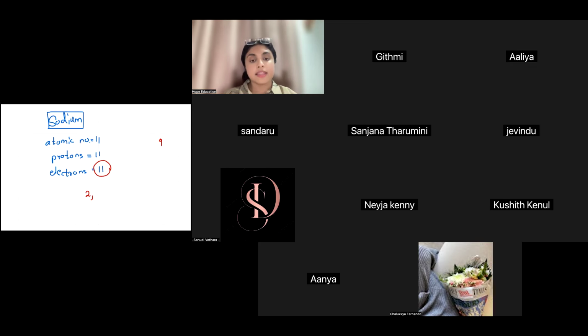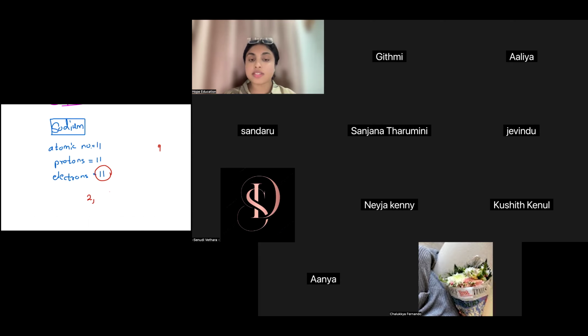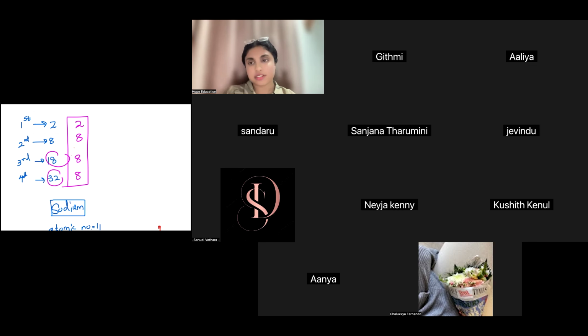The second energy level can hold a maximum of 8 electrons. So from these 9, I take 8 electrons and put them in the second energy level. Now how many electrons are remaining? Just 1. That one I put in the third energy level, which can hold up to 8. So I put 1 in the third energy level.